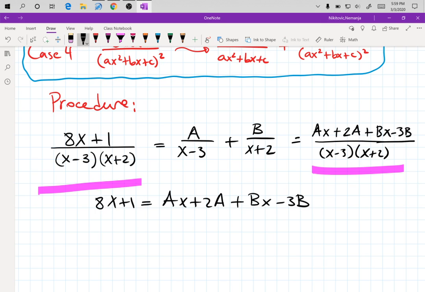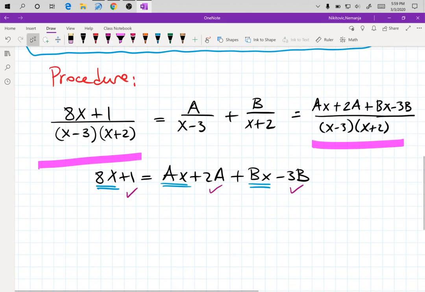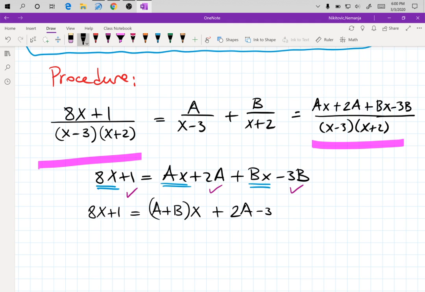So now I have terms that have x's, and then I have terms that have constants. So this is what is going to give rise to what I call the blue and purple equation. So I have 8x plus 1 is equal to (A plus B)x, when I factor out x, plus 2A minus 3B.